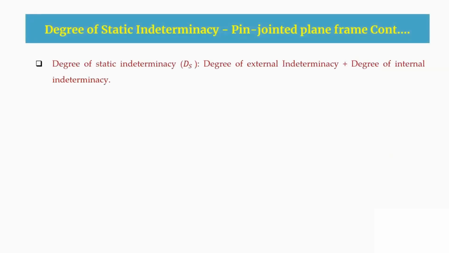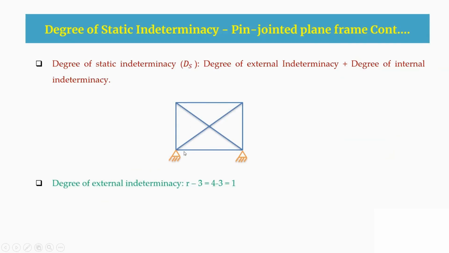Now, if you consider an example, the degree of static indeterminacy will be the summation of external indeterminacy and internal indeterminacy. If you consider this pin jointed truss, the external indeterminacy: at this hinge support you are going to have 2 reactions, again at this hinge also 2, so total 4. 3 will be equilibrium equations, that is 4 minus 3, it will be 1.